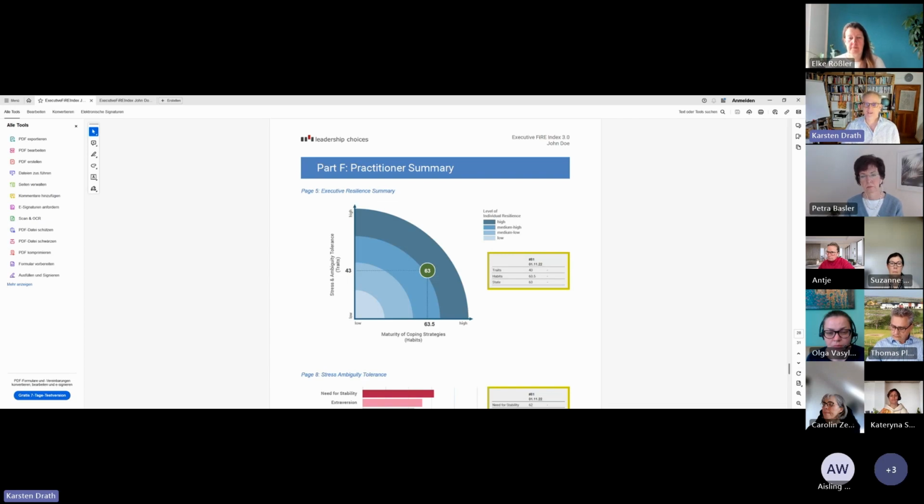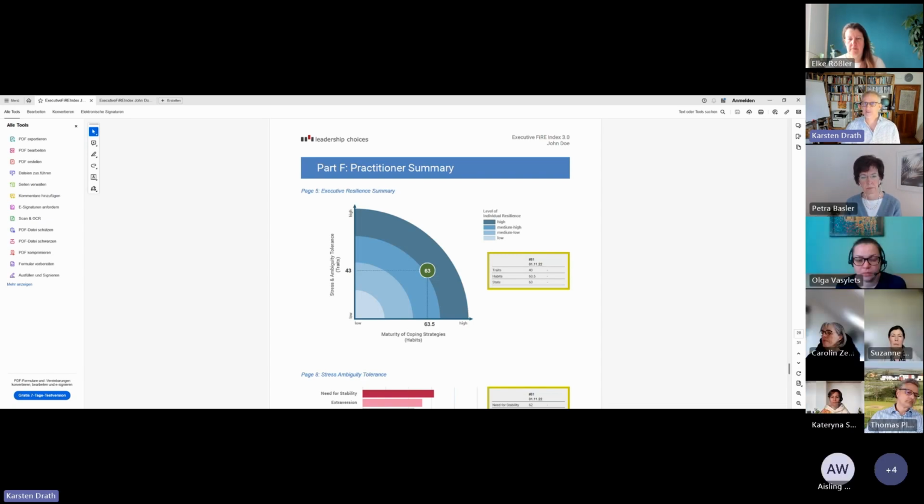We also see coping strategies at the level of medium high, and life satisfaction is 63. All in all, 43 is on a trait basis a rather low value if you take into account that this is a top-level executive with a lot of responsibility, with a lot of difficulties and challenges coming your way.